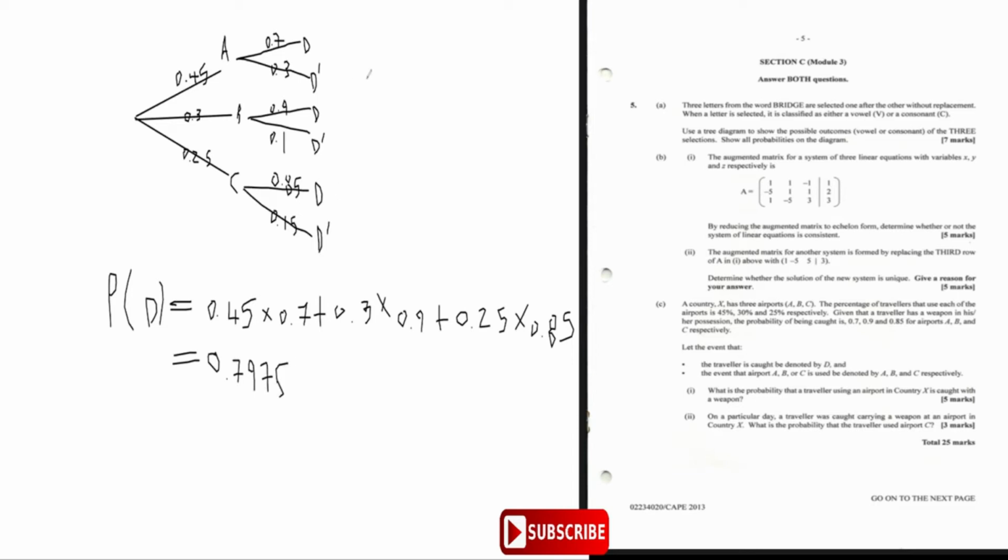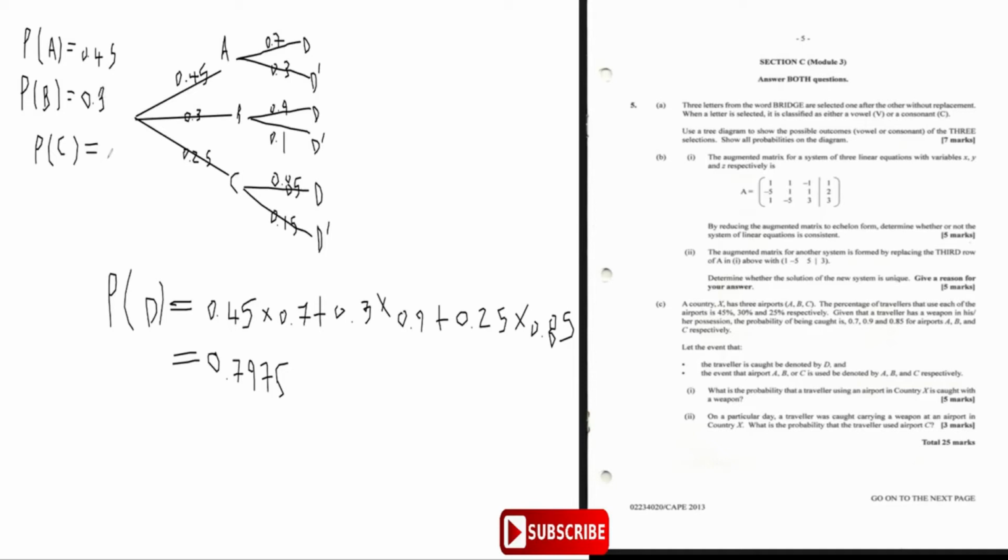The alternate method you could use is what's known as the total law of probability, right? Because up here, they gave you the probability of going to airport A, which is 0.45, the probability of going to airport B, which is 0.3, and the probability of going to airport C, which is 0.25.